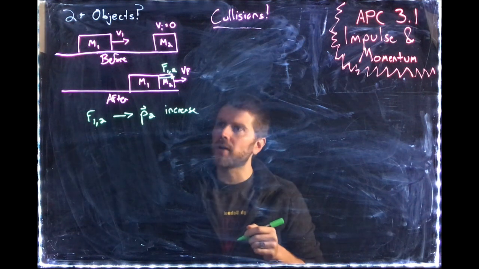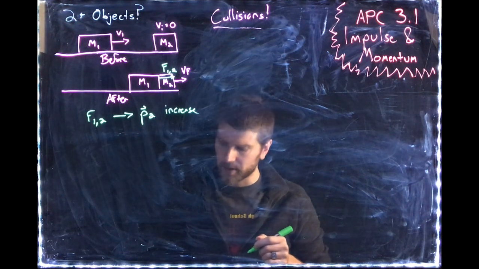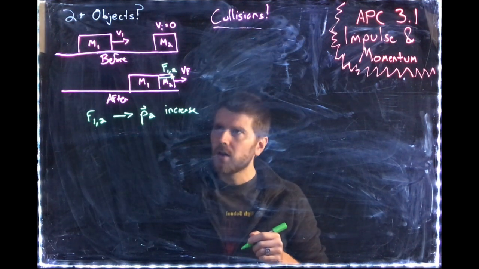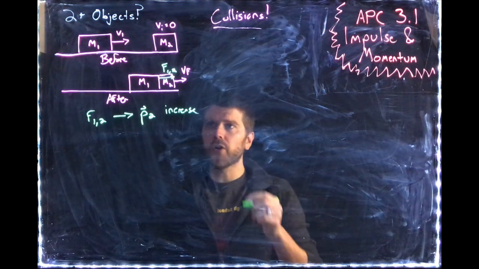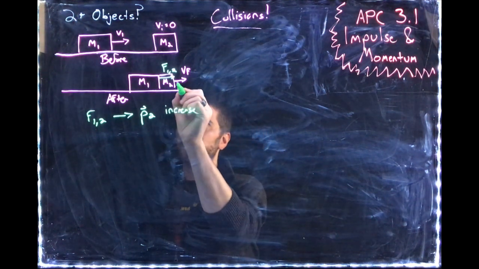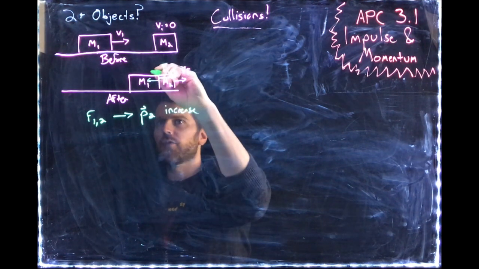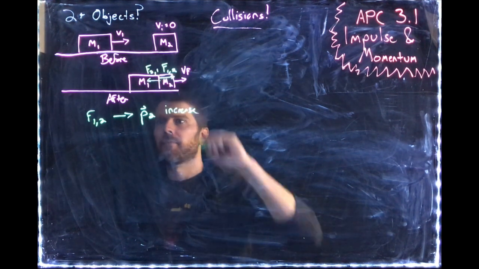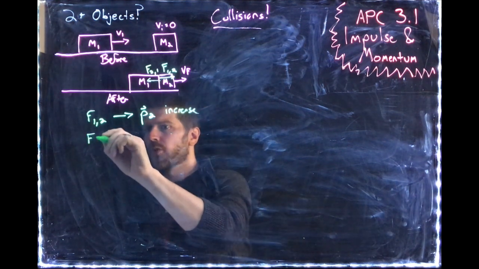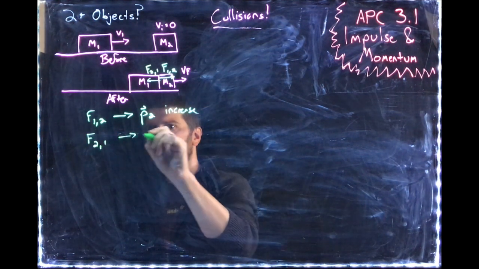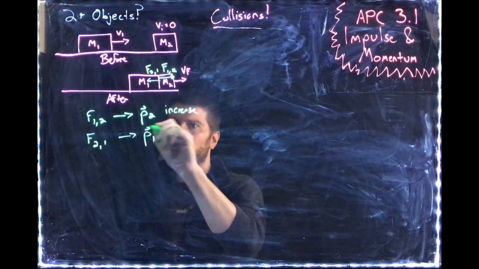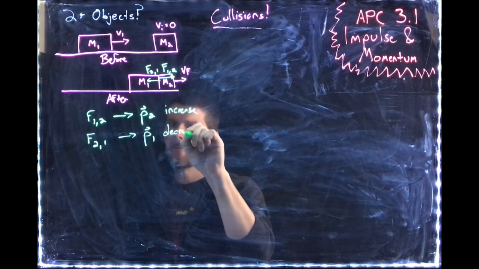But now it's going to get pushed on by block 1, so you might imagine that its momentum is going to increase. But remember, you've also got this equal and opposite force from M2 back on M1 that's going to slow M1 down, F2 on 1. And what's F2 on 1 going to do? It's going to cause the momentum of block 1 to decrease.